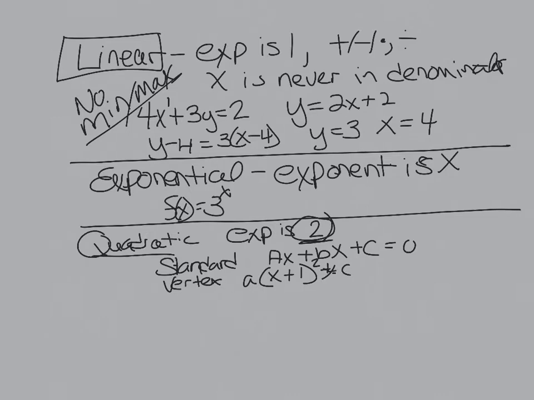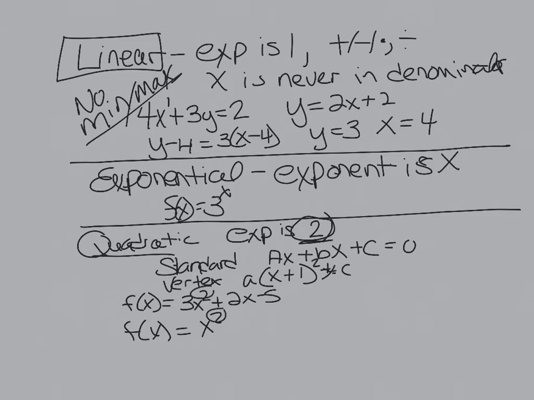So you might have f of x equals 3x squared plus 2x minus 5. You can have f of x equals x squared. It doesn't have to have all of that, but these all have x squares, right?